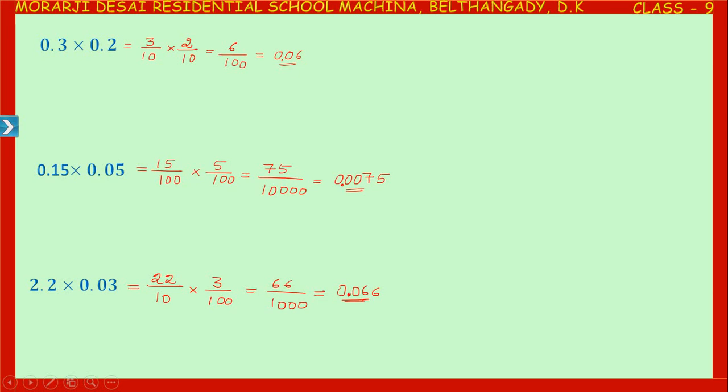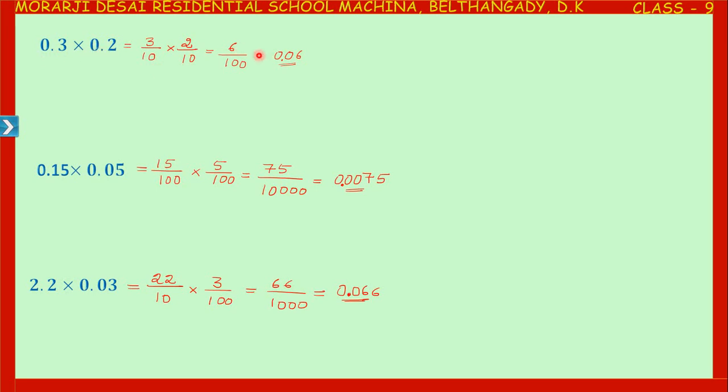Now see here, while multiplying decimals, we convert this into fractions, then we multiply the fractions, then we have to convert into decimal. Can we simplify the steps? Look at the answer here. See here, 0.3 into 0.2.